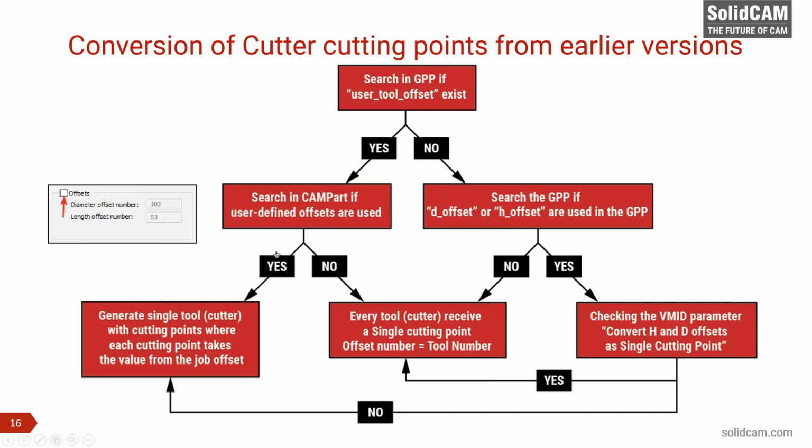Right, so if the customer doesn't use the offsets in his CAM part, so there are no jobs with this, then every tool will have only one single cutting point. It will be converted like that, where the offset number will be equal to the tool number, okay? This case over here. But if somebody used this checkbox, then it will generate one tool with multiple cutting points. Okay, so how does that look?